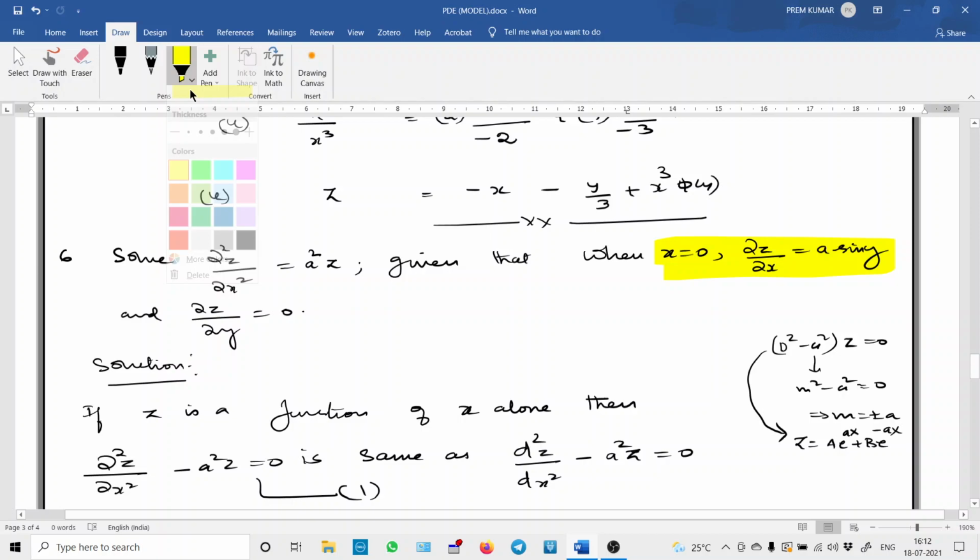Okay. So we are going to use ∂z/∂y equal to 0 when x equal to 0. So go to this equation and put this equal to 0 when x equal to 0. So what do I get?